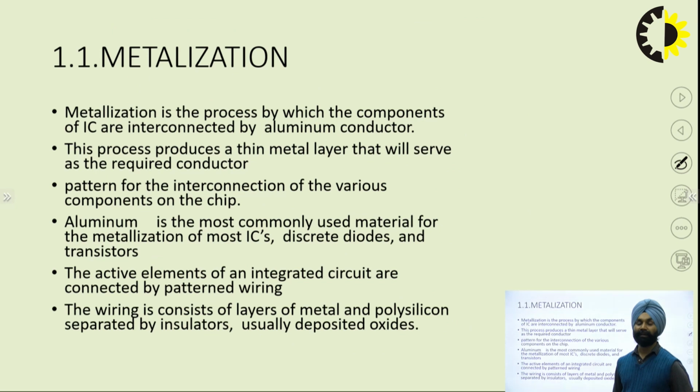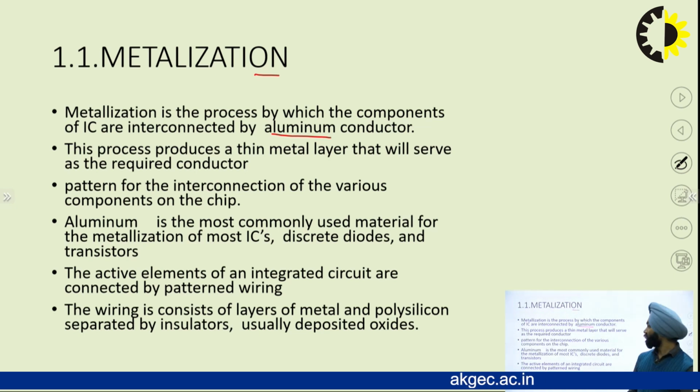First thing, metallization is a process by which the components of the IC are interconnected by a conductor. As I have discussed, in all the various steps we create devices, and these devices are connected with connectors, which are conductors generally made of aluminium.